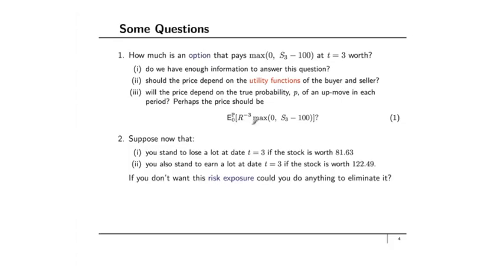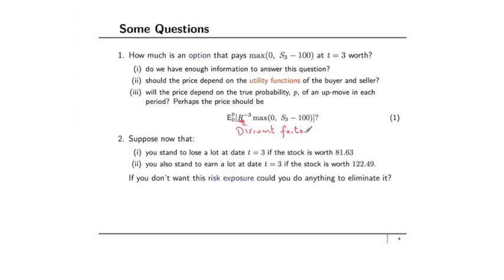Perhaps the price should be equal to this quantity here. So if you look at this, this is just the expected value of the option. So we're taking expectation of maximum 0, S3 minus 100. So that's the expected value. And this guy here is just the discount factor.